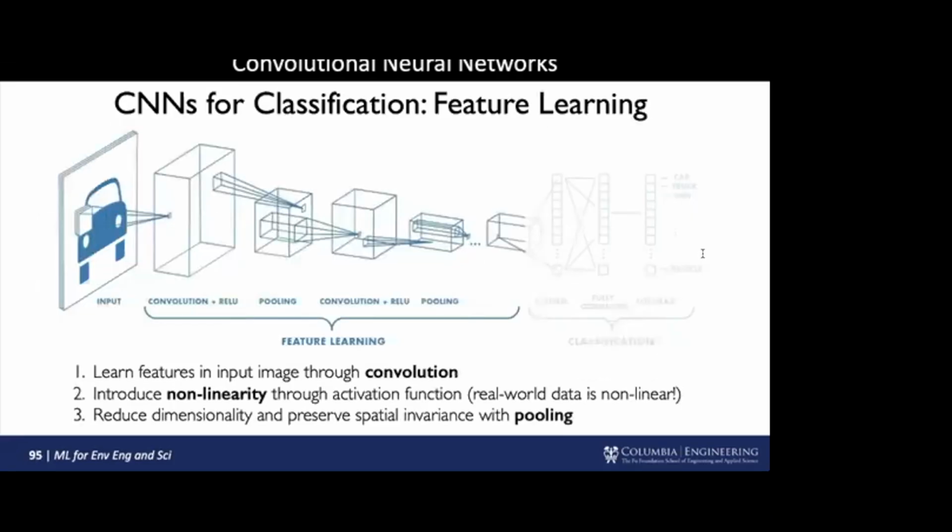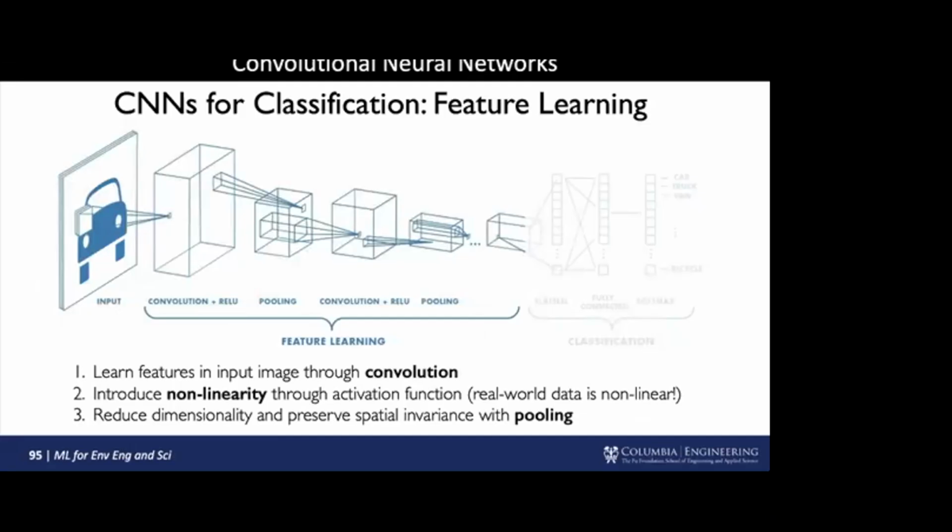Okay, this slide puts everything together. A CNN first focuses on feature learning. So we apply convolution to learn useful patterns directly from the image. After each convolution, we apply a nonlinear activation like ReLU, because real-world data is always nonlinear.